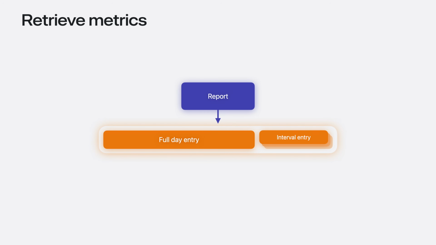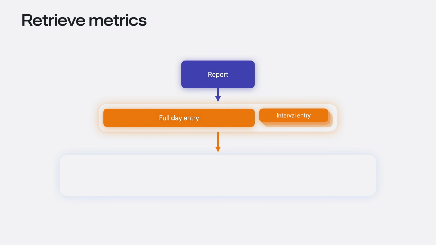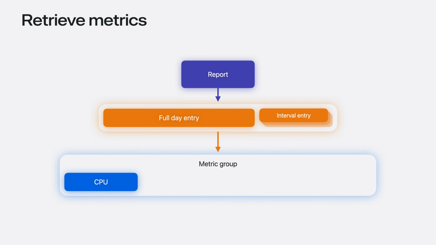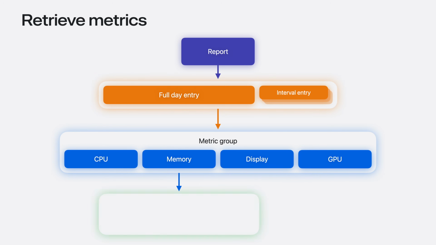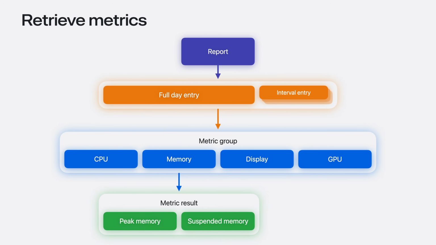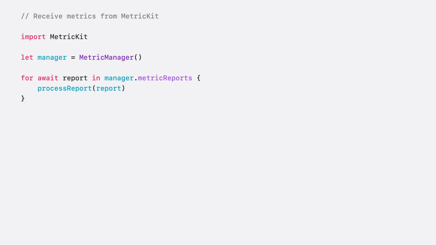These smaller breakdowns are only present when there are metrics associated with them. Here's how the data is structured. Inside each interval, metrics are organized into metric groups. Each group represents an aspect of the system, things like CPU, memory, display, and GPU. Inside a group, you'll find individual performance metrics. I'll work through this in code.